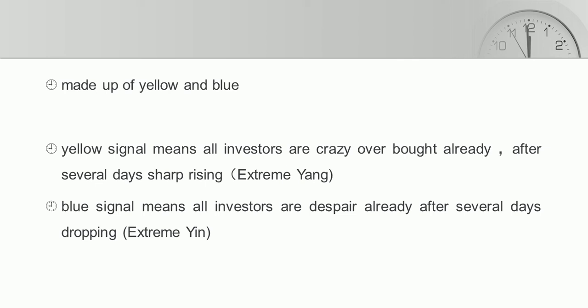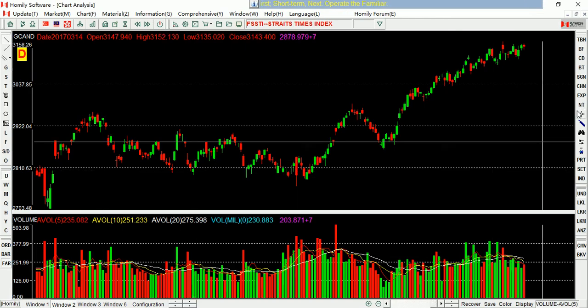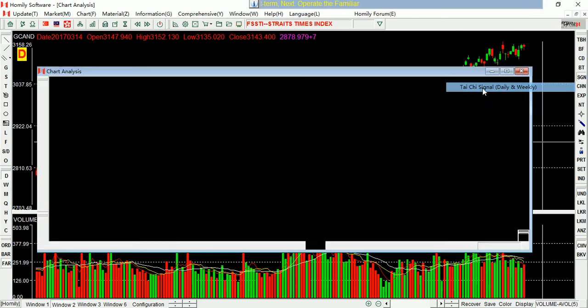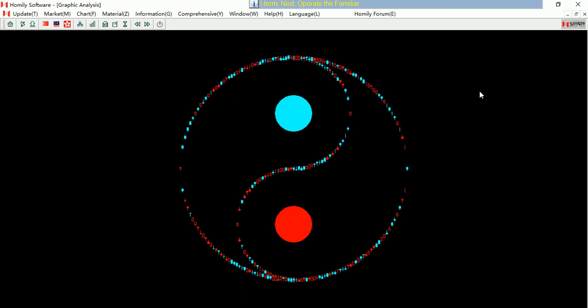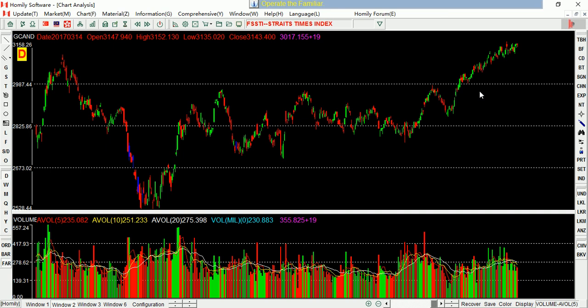So the blue candlestick means all investors are in despair already after several days. Maybe the price will go up. But what's that meaning? Let's click SGN, then TaiChi signal. Then you can see the blue and the yellow candlestick.